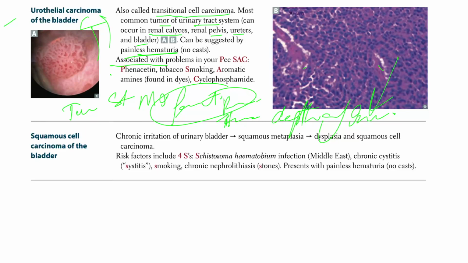So depth of invasion into the bladder wall, and if it goes deeper, is it going into other tissues or not? That tells us the prognosis of urothelial carcinoma.